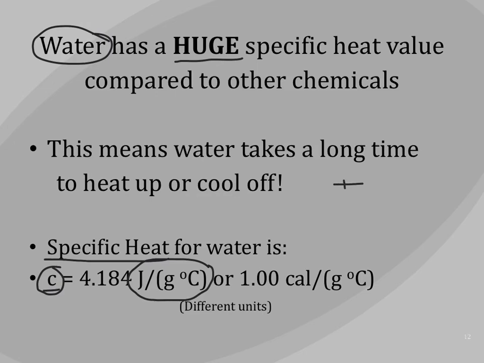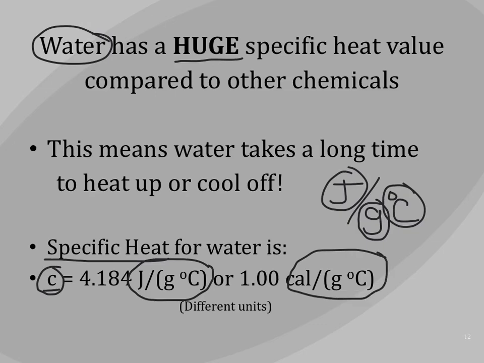The measurement is joules per gram degree Celsius, and that's because it's including the amount of energy, the mass of the object, and the temperature change. So it's a goofy looking unit of measurement, but it all works out in the end when we start doing calculations. Again, the other form of energy besides joule is a calorie. So a calorie per gram of substance per degree Celsius will also be a unit of measurement, and we'll look into that.